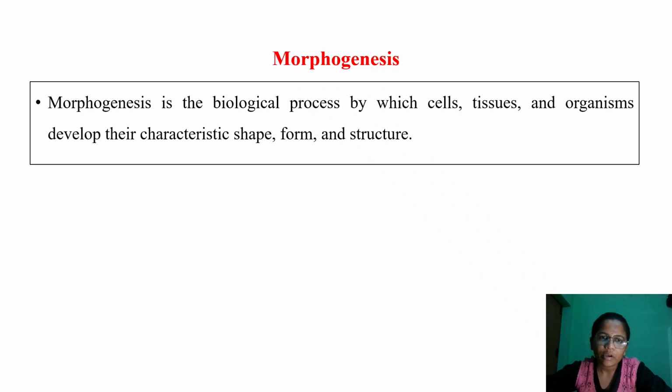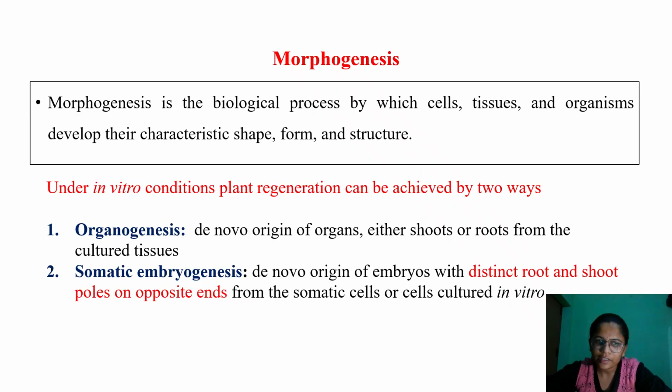It is a biological process in which cells, tissues, or organisms develop different shapes or structures. Organogenesis is related to the development of an organ, whereas morphogenesis is related to the development of the plant, like the increase in girth or height or the entire plant architecture.